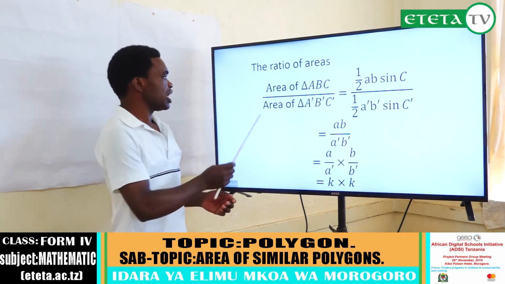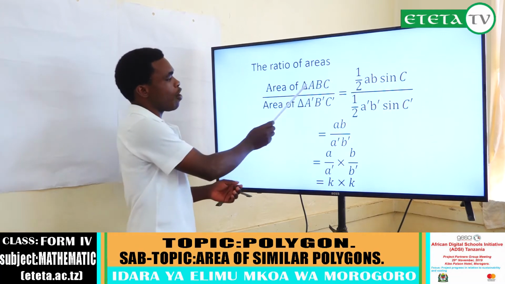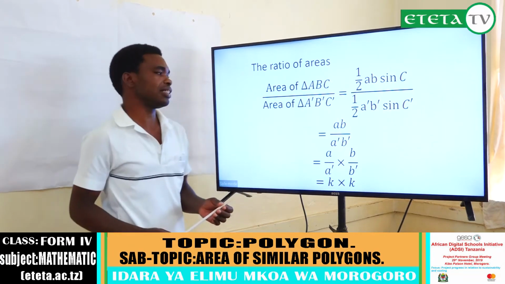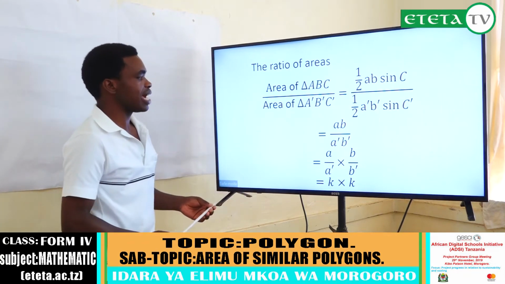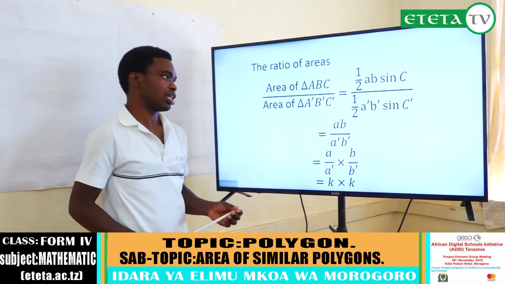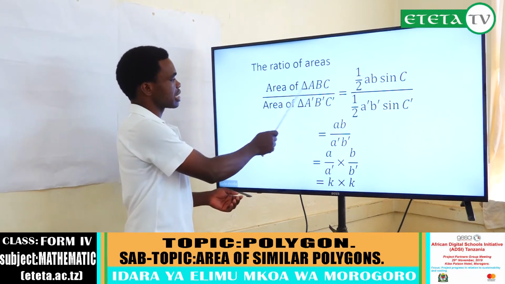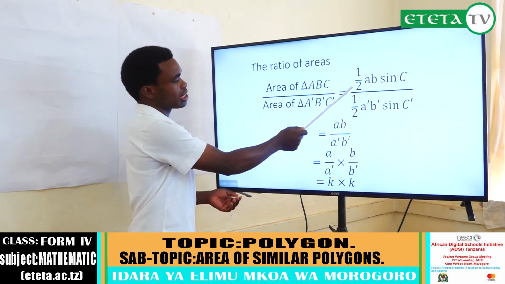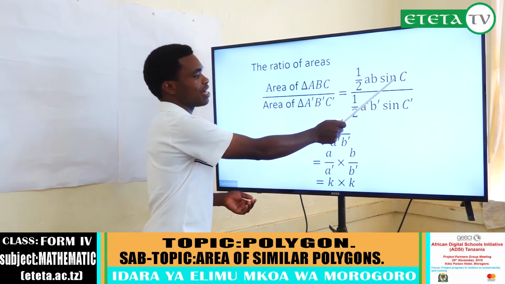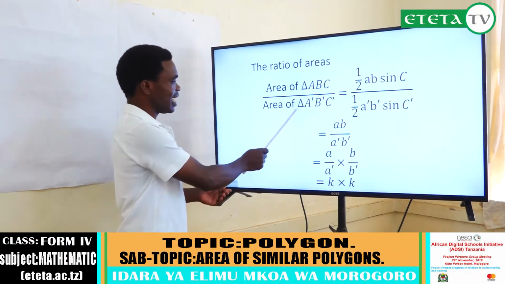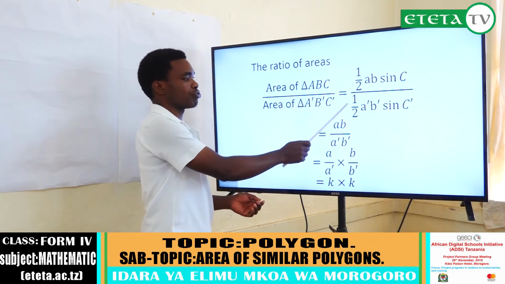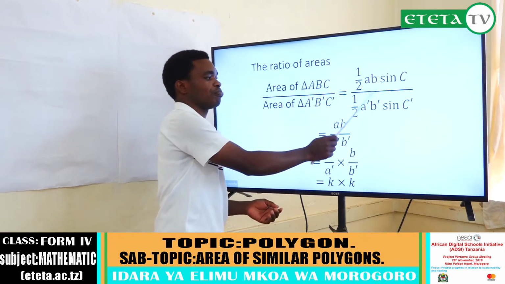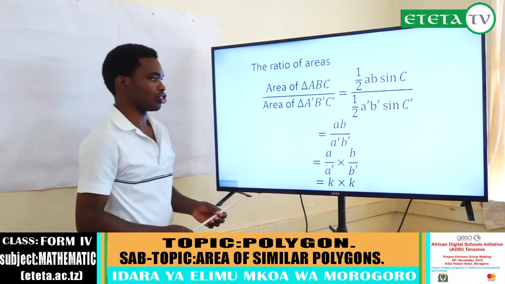Now, for example, if we take the area of triangle ABC and divide it by the area of triangle A dash B dash C dash, we have already discussed that the area of the first is half AB sine C, and the area of triangle A dash B dash C dash is half A dash B dash sine C dash.